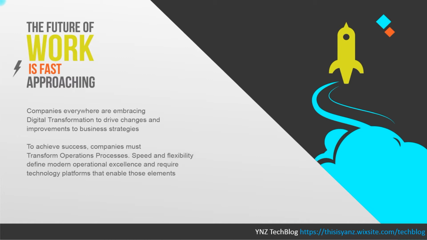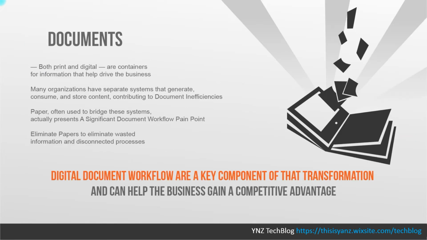Okay, continuing. To achieve success, the company must transform the operation process. The speed and the flexibility will define your modern operational excellence, and this requires a technology platform that enables those elements. We both know documents have two types. One is the print out one and the other one is the digital one. Documents are the container for the information.